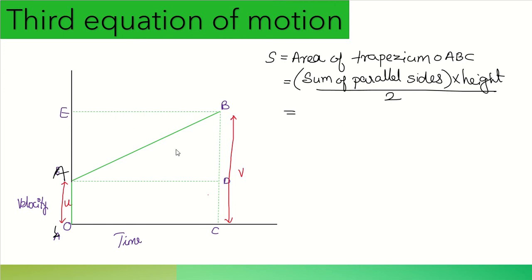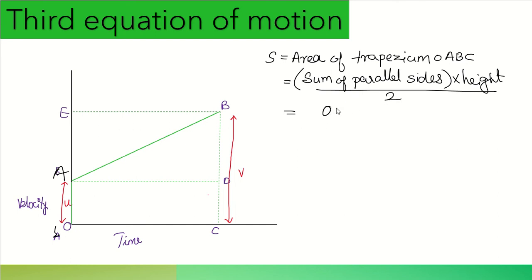So how many parallel sides does it have? Just see the trapezium OABC. What are the parallel sides here? OA and BC. OC and AB are not parallel, right? OA and BC are the parallel sides.